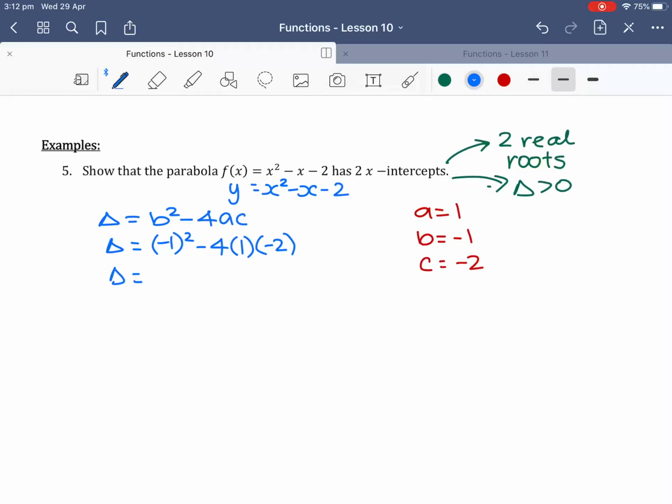So -1 squared is just 1, minus 4 times 1 times -2 is +8. So our discriminant equals 1 plus 8, which is 9. So our discriminant is greater than 0. Therefore, there are two real roots.